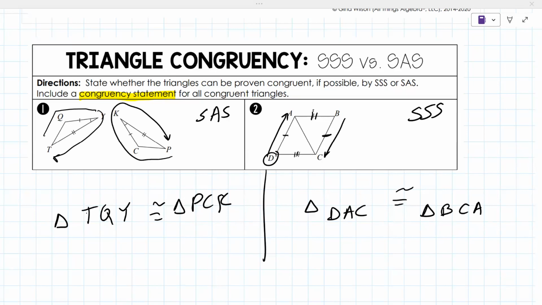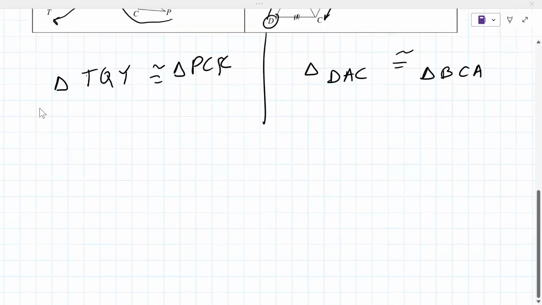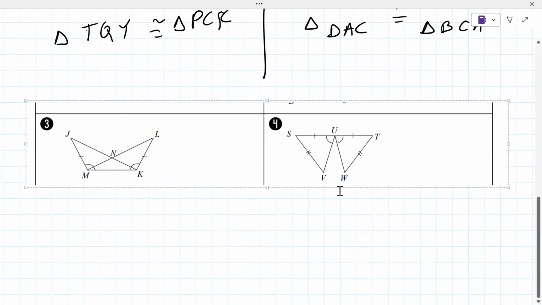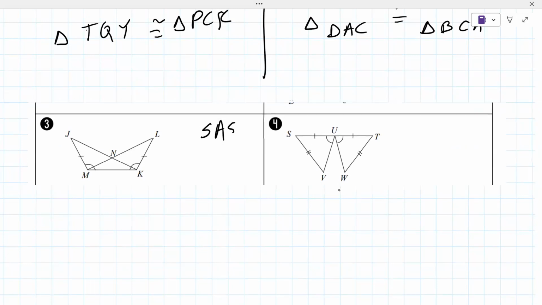All right. Number three. Three could be pretty tough here. When you're doing a proof, I would tell you to actually draw the triangles separate, but maybe we don't need to for this part. I would say it's SAS. It is SAS. They share that side at the bottom. What is your triangle congruence statement?